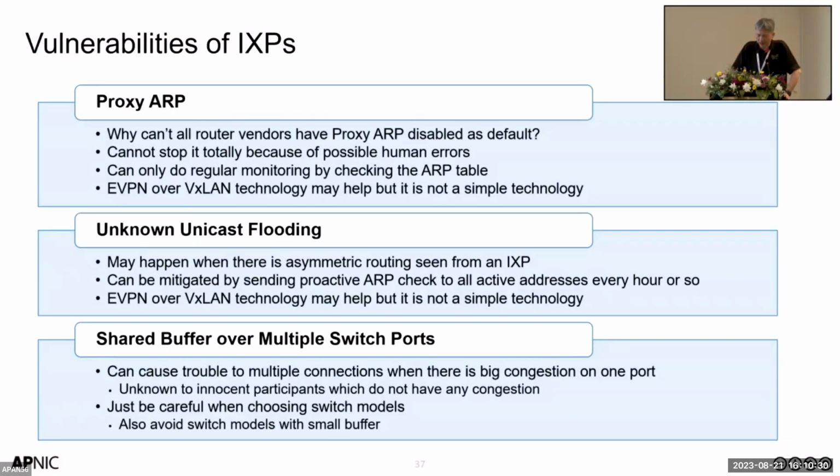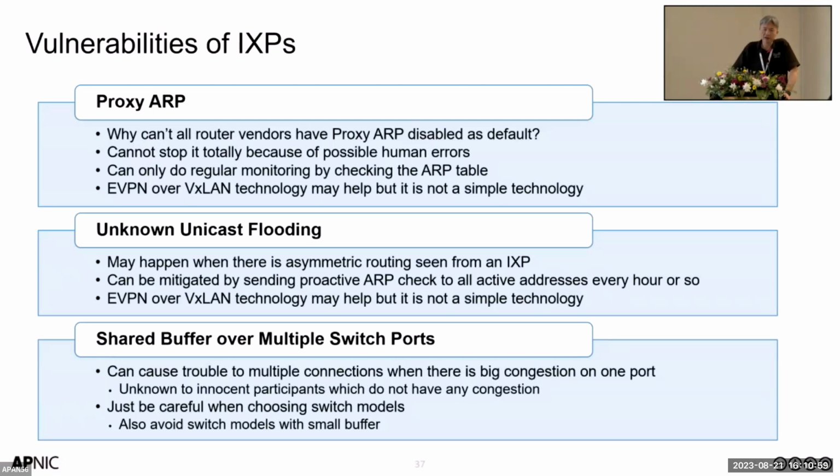Another common issue that an IX would encounter is unknown unicast flooding. This would happen when asymmetric routing happens, meaning that one network or one router may not send any traffic. So the switch may forget about the MAC address that it carries.